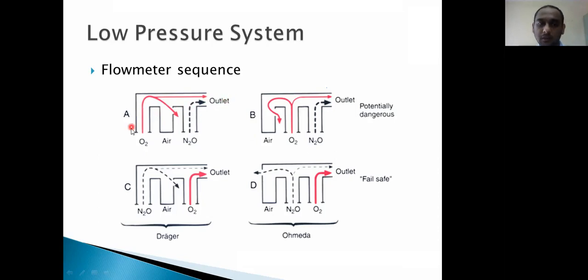Now keep in mind that you have already determined what the flow is, so this leak might go undiagnosed, and a lower amount of oxygen will be provided to the patient, while the other gases will be in excess.